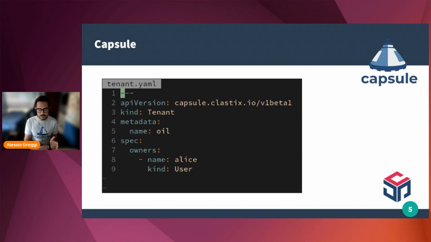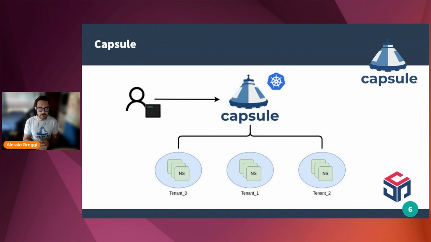So if you limit the namespaces to 3 namespaces, the tenant can create 3 namespaces as a maximum value. So he can essentially delete them, but he cannot create more than 3 namespaces. So this is a little overview about Capsule and how it works.